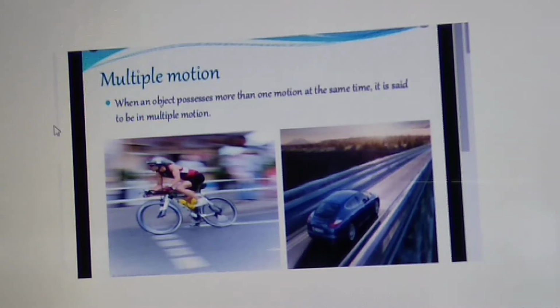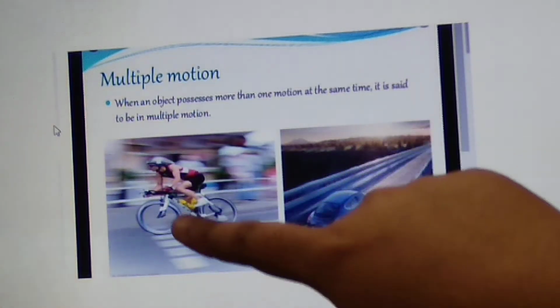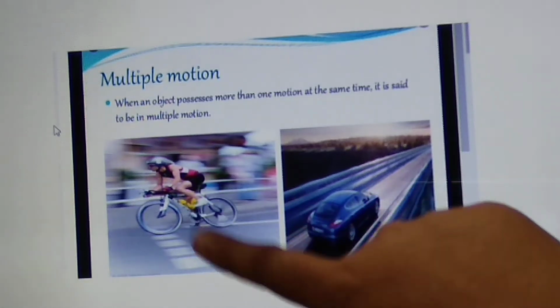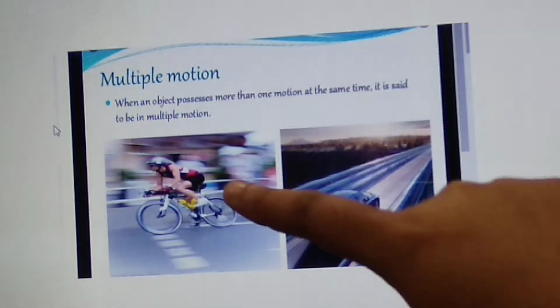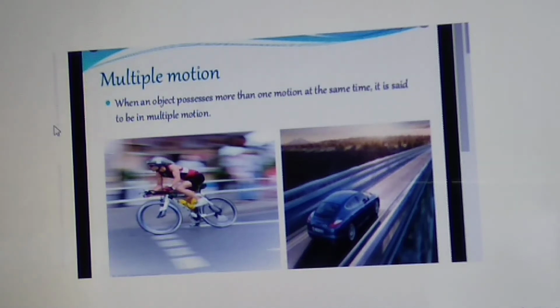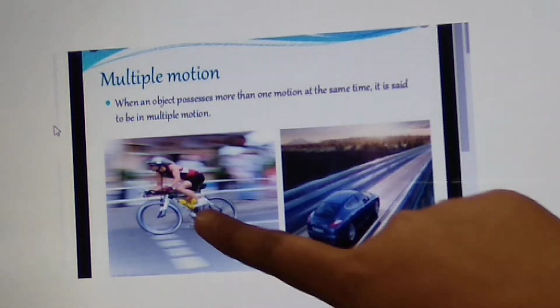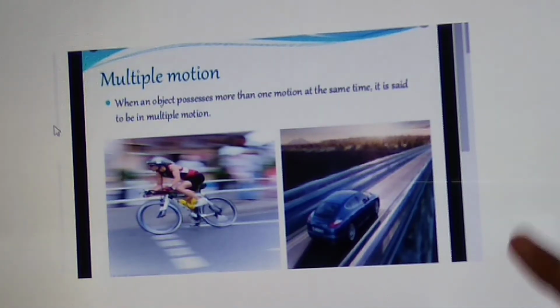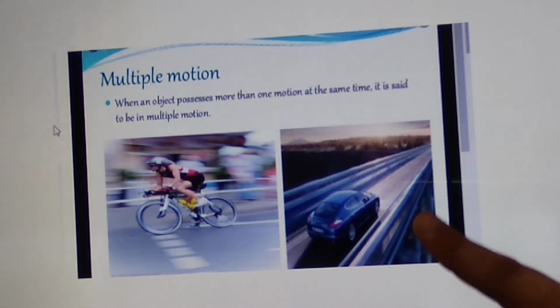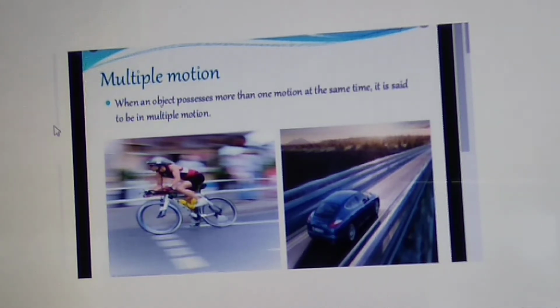But at the same time, his cycle, the wheels that are attached to the cycle, are also moving, also taking a motion during the same interval of time. So when he is moving in a circular path, he is moving in a circular motion, while its wheel is taking a rotatory motion. Similar thing is happening with this car also. Got it? So in this, we can say that at the same time the object is possessing more than one type of motion. Got it?